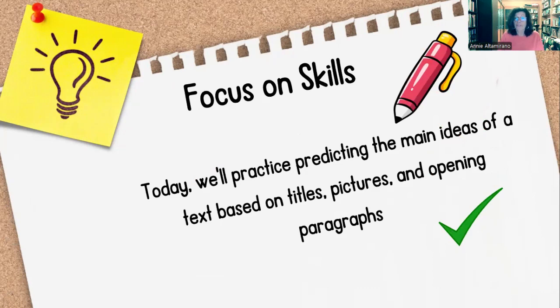We can also focus on skills. So we can frame the learning intention around the skills students will develop. For example, today we'll practice predicting the main ideas of a text based on titles, pictures, and opening paragraphs. This emphasizes the learning process while still providing some context.